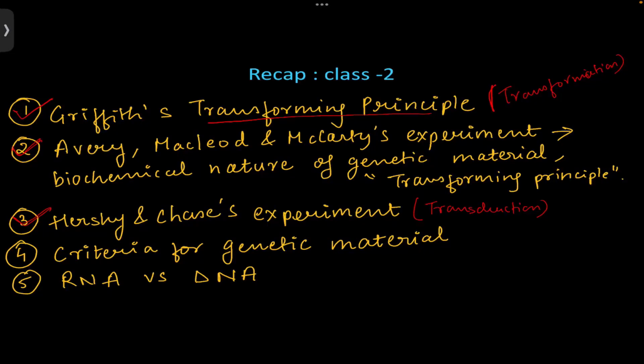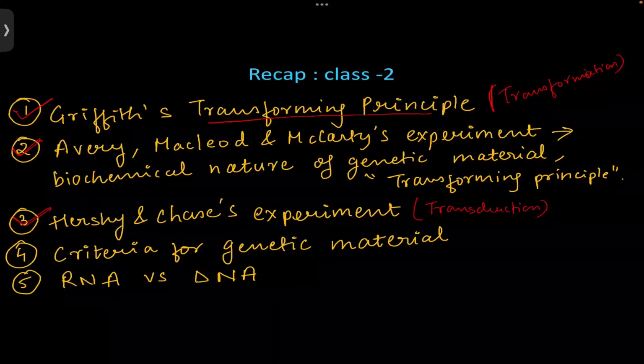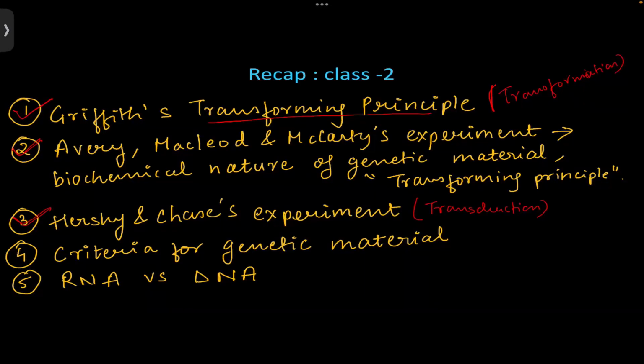They used bacteriophages, which are known to infect E. coli bacteria, and they saw that the DNA material from the bacteriophage was entering the bacterial cell, not the protein of the bacteriophage. From this they concluded that DNA is the genetic material, and it was conclusively proven. Biologists after that didn't argue, and it was accepted universally that DNA is genetic material.